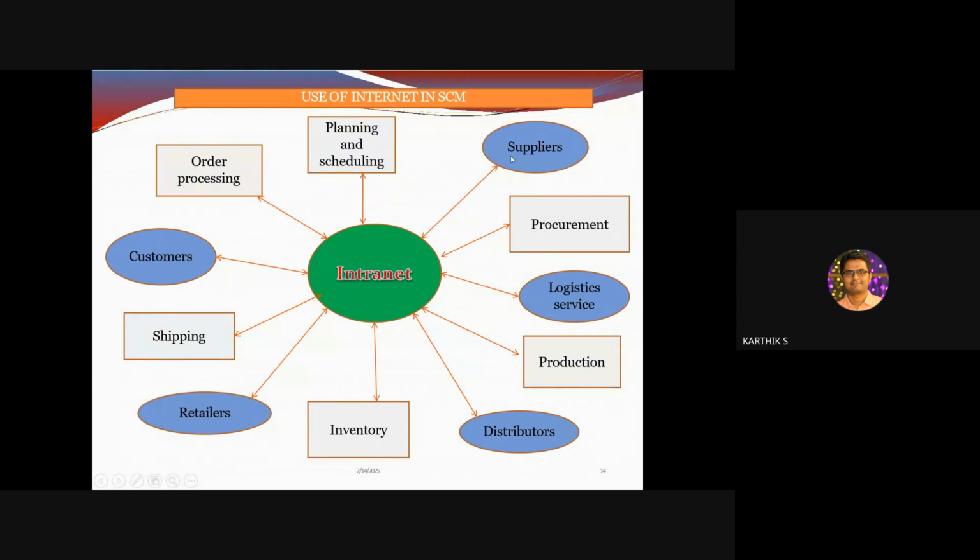Then what are the suppliers that a particular product has? Let's say LG equipments in Coimbatore. I was part of one of the brotherhood of the LG company. During my days, they had an intranet where there would be planning and scheduling.